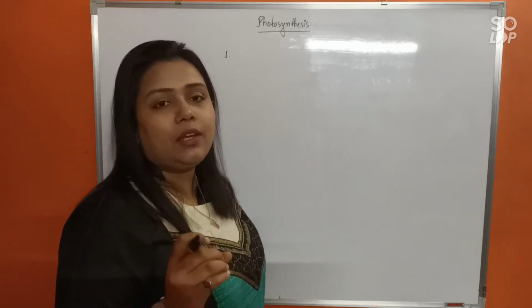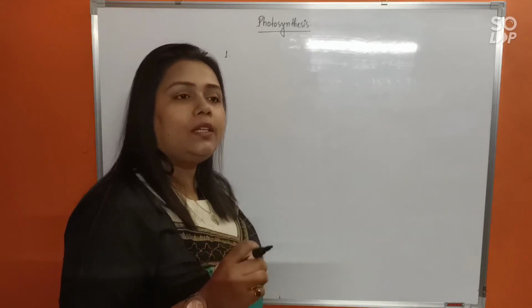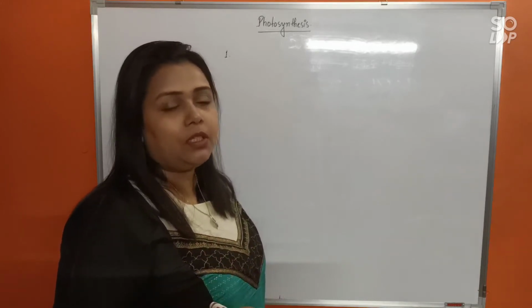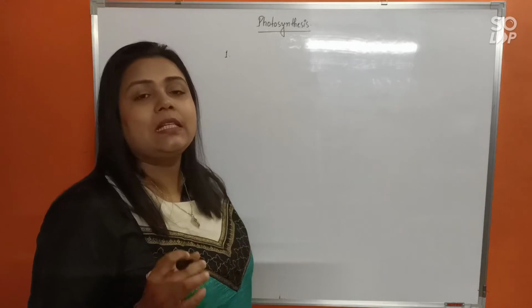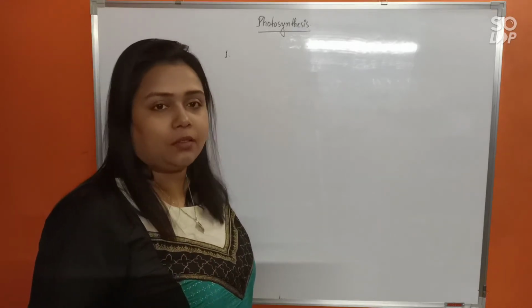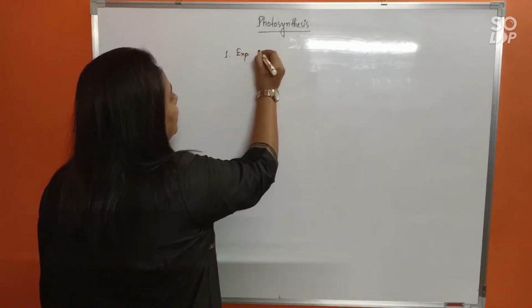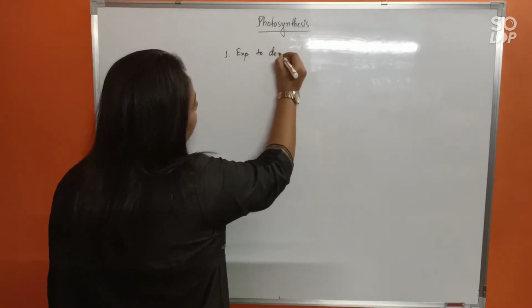These are mandatorily required for a plant to undergo photosynthesis. Now, let us discuss a simple experiment by which we can prove that sunlight and chlorophyll both are required for photosynthesis to occur.